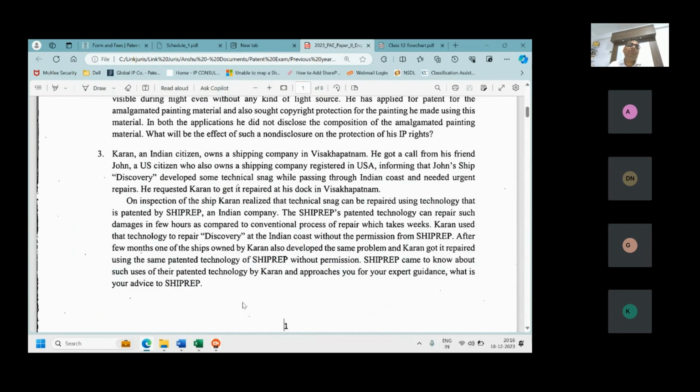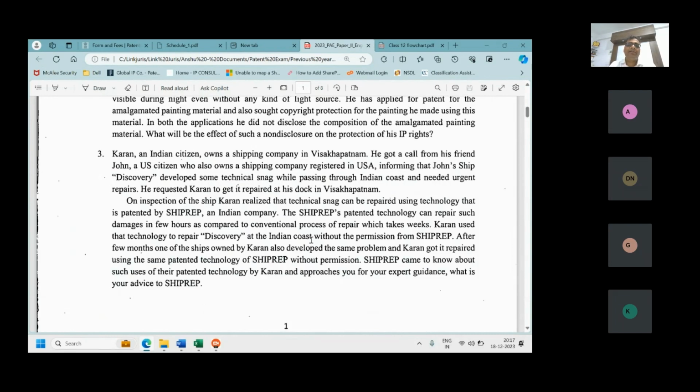So, the first thing in this question is there are two uses. One is on a ship which is registered in the US. John's ship is a foreign vessel here, while Karan is using it on his own ships, all of which are Indian vessels.